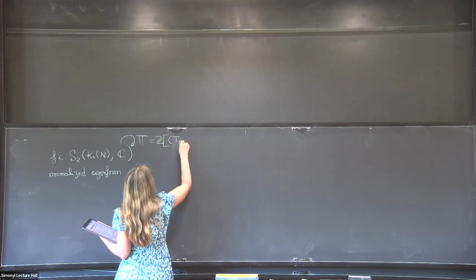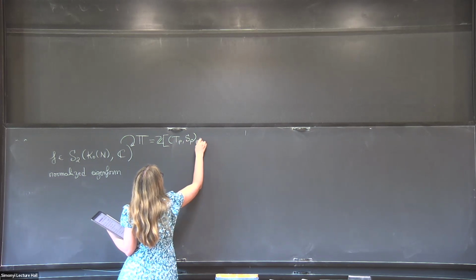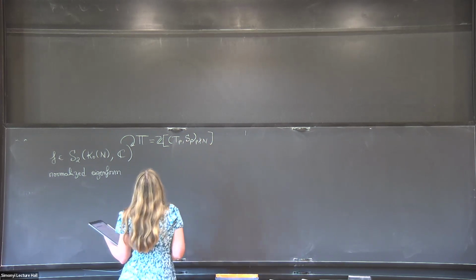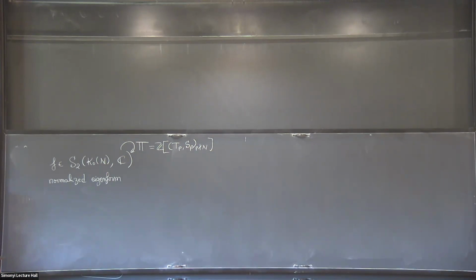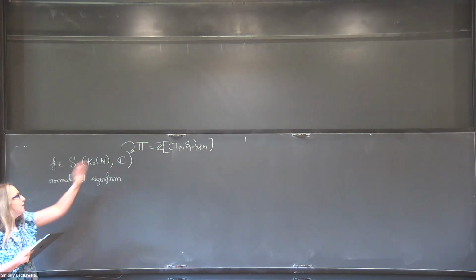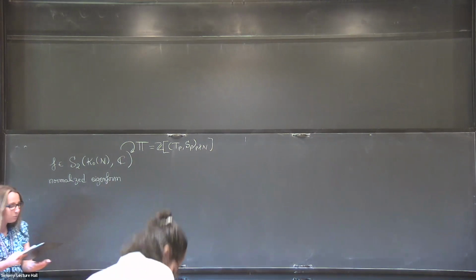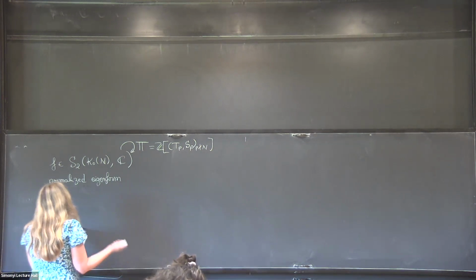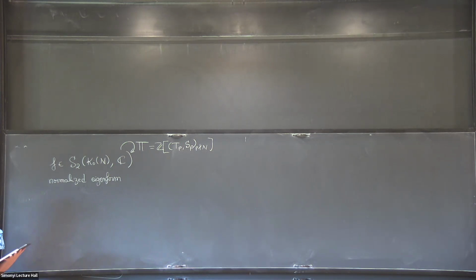So I put here T_p and S_p, where p doesn't divide N, runs over those primes. You have an action of the Hecke algebra, and you can diagonalize all the Hecke operators simultaneously, and then you think about eigenvectors. That's what these eigenforms are. And normalized just means that we're assuming that the first Fourier coefficient is 1.